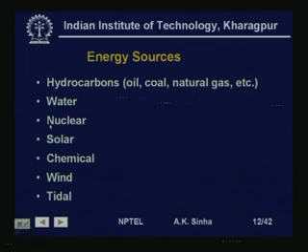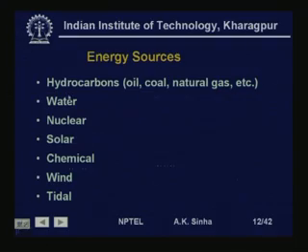Similarly, nuclear energy, the fission of uranium is used in most of the places for producing nuclear energy, and once this nuclear energy is available, it is available in the form of heat, and after the reactor, from where this energy is taken away by means of a heat exchanger, the rest of the process is very similar to that of the thermal power plants.